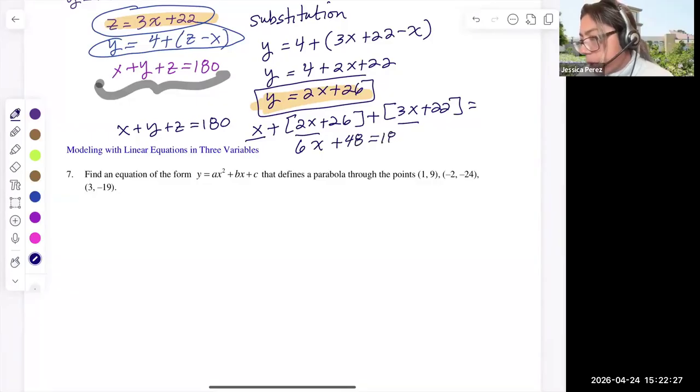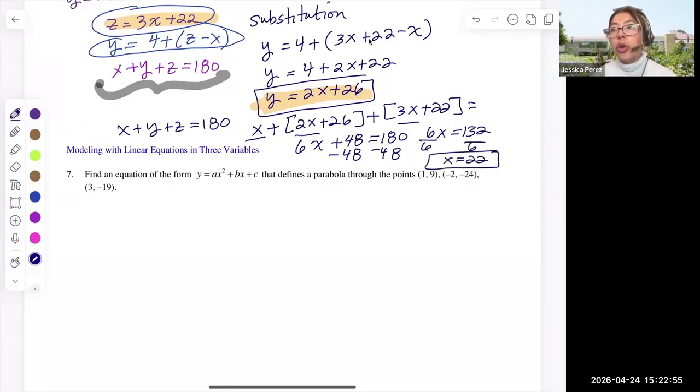It's 180. So if I solve by subtracting, I get 6x is equal to 180 minus 48. It's 132. Now I have to divide both sides by 6. So 132 divided by 6 will give me the smallest angle.